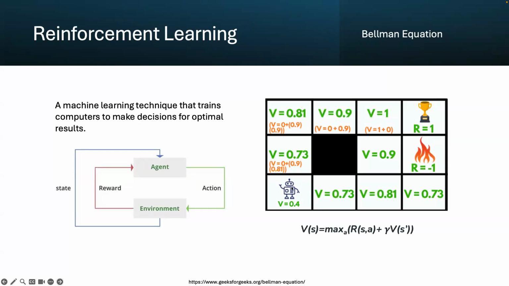And so it says at this point, it could go this way or this way. That's why you see the value is 0.73. But once it goes here, we know it has to go this particular route. And here at this point, it knows if it goes in this direction, it is going to get the reward. Okay, it is 0.9 here because it has to go one extra cell to go to the reward.